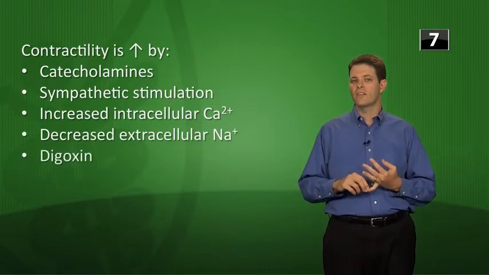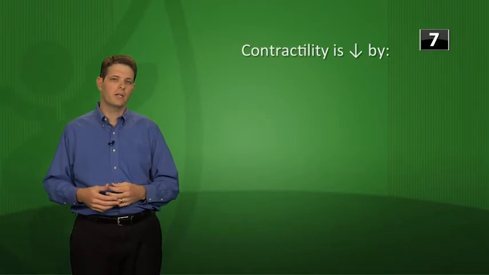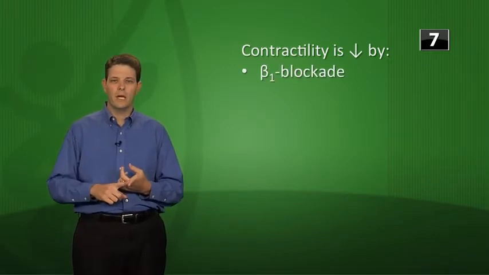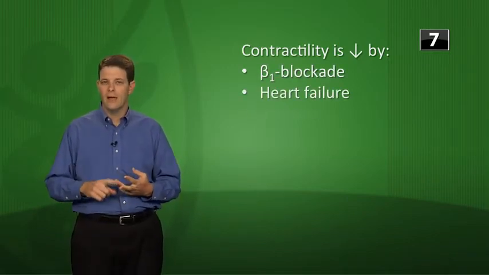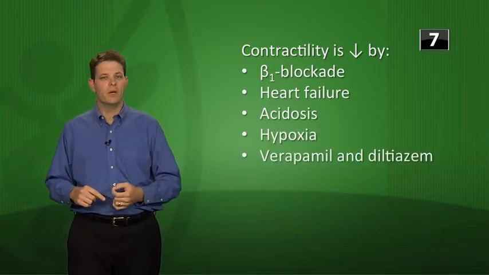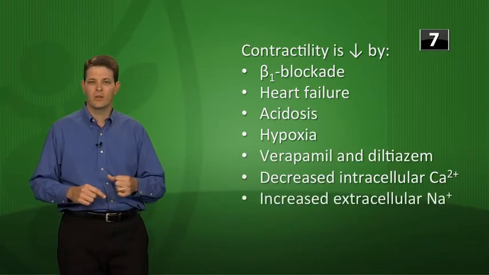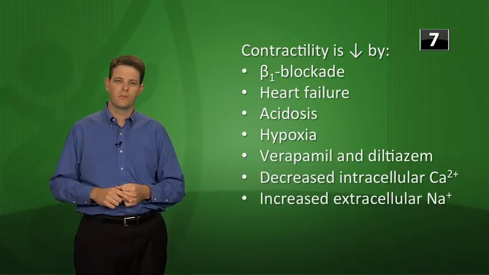And then finally, digoxin, which actually works by increasing intracellular calcium. And then contractility can be decreased by beta-1 blockade, heart failure, acidosis, hypoxia, the calcium channel blockers verapamil and diltiazem, decreased intracellular calcium, and increased extracellular sodium.